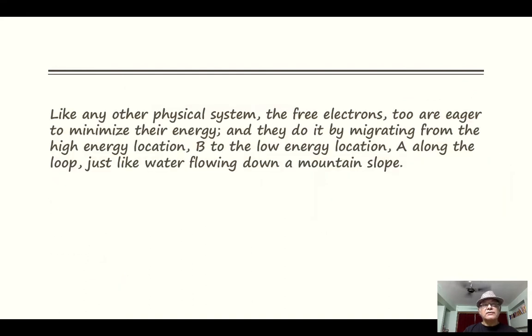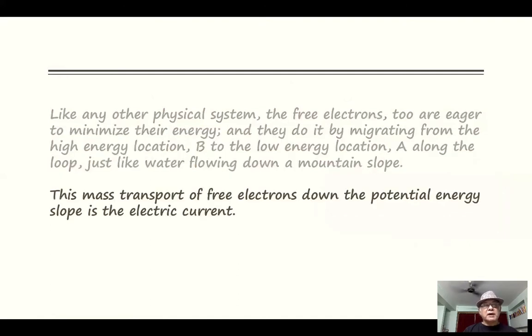Like any other physical system, the free electrons too are eager to minimize their energy. And they will do it by migrating from the high energy location B to the low energy location A along the loop, just like water flowing down a mountain slope. This mass transport of free electrons down the potential energy slope is the electric current.